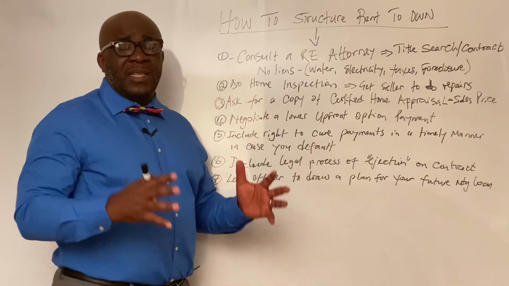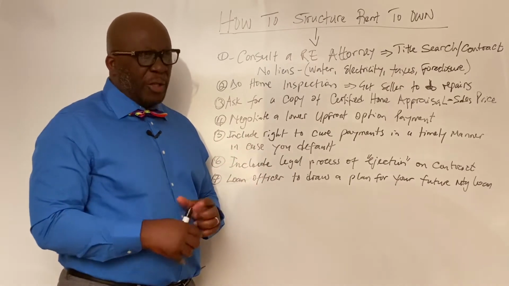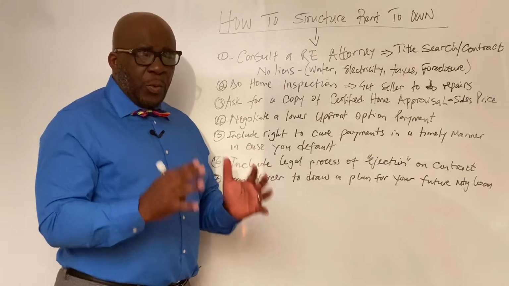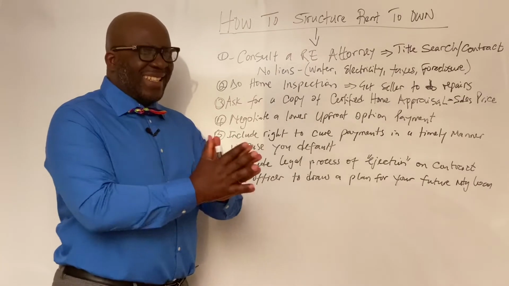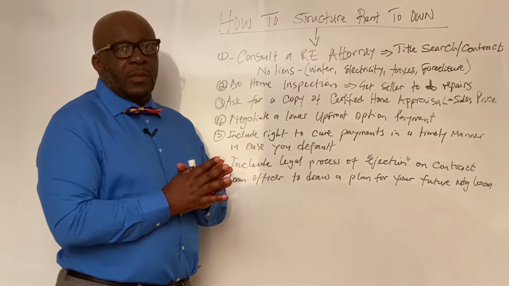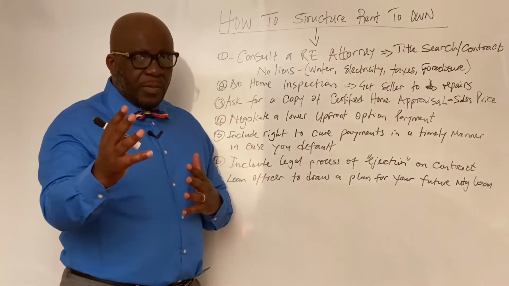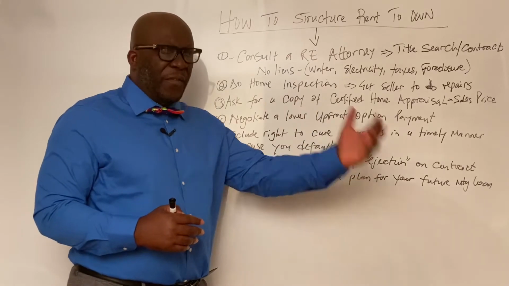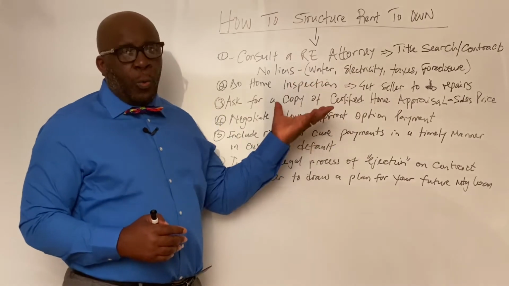Most of the time, the landlords draft the rent-to-own agreements and just present them to the tenants, and all the tenants do is sign. What can we do to make sure we structure a correct rent-to-own agreement that will benefit us in the future and also protect you, the renter, so you don't end up in the category of the 95% of people who default on these agreements, leaving the landlord the sole winner?